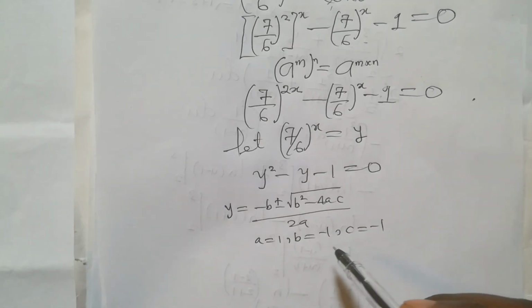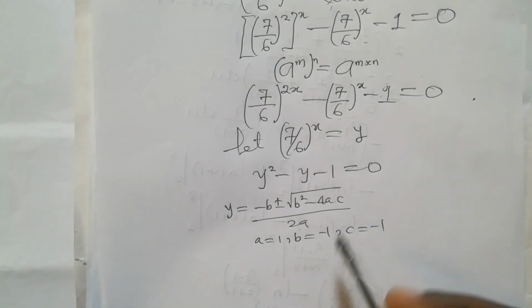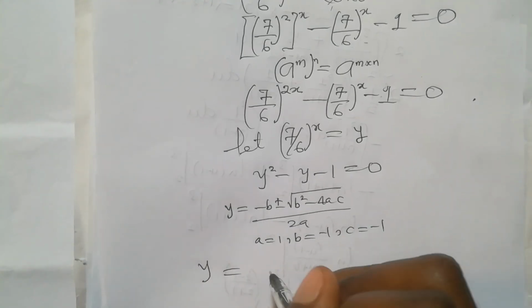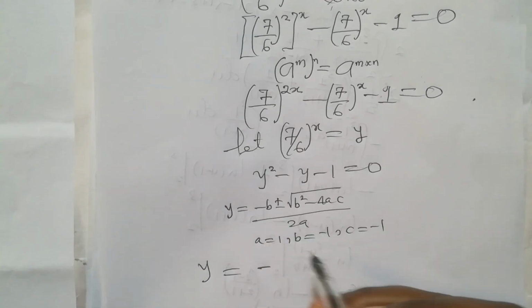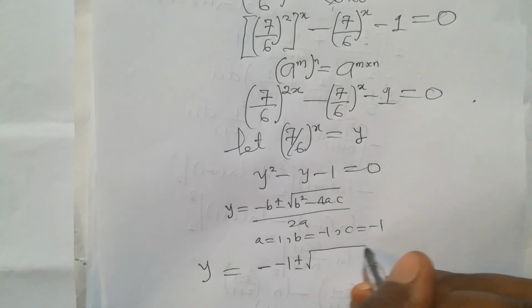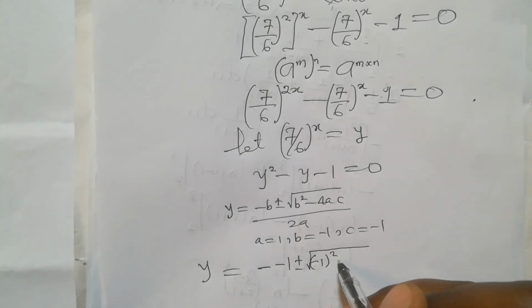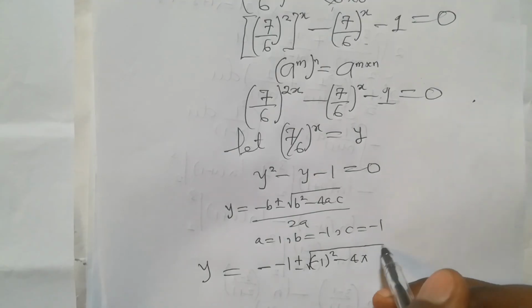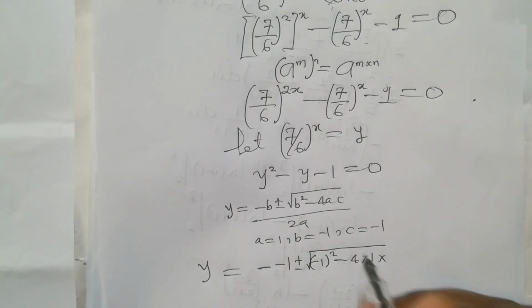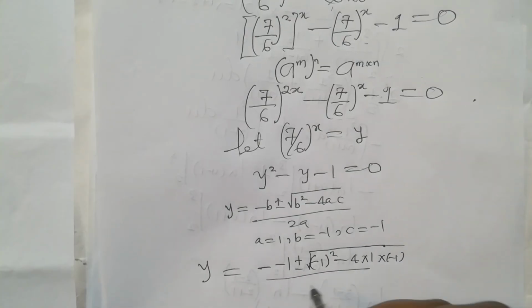So to substitute a, b, c in this formula, we are going to have y is equal to minus our b, which is minus 1, plus or minus the square root of b squared, which is minus 1 squared, minus 4 times my a, which is 1, times my c, which is minus 1, all over 2 times a, which is 1.